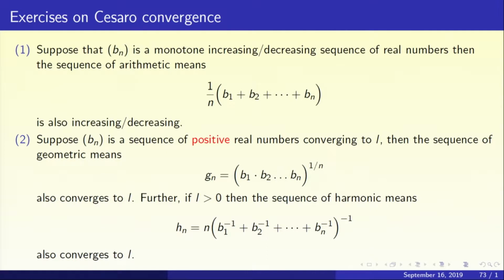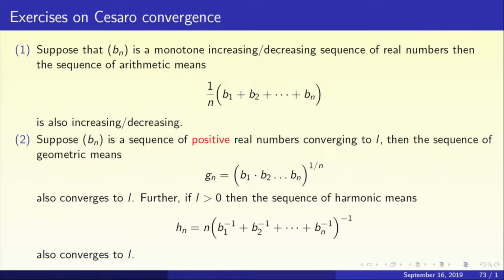So, what does the theorem say? The theorem says that if you have a sequence of positive real numbers which converges to L and L is also positive, then the harmonic means Hn also converge to L. Prove this fact.